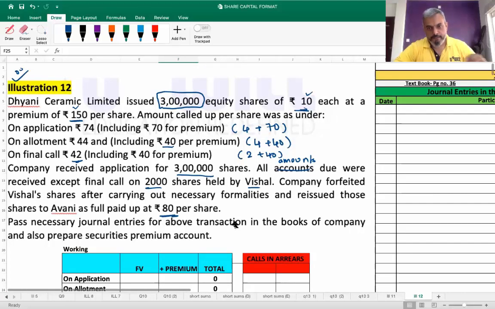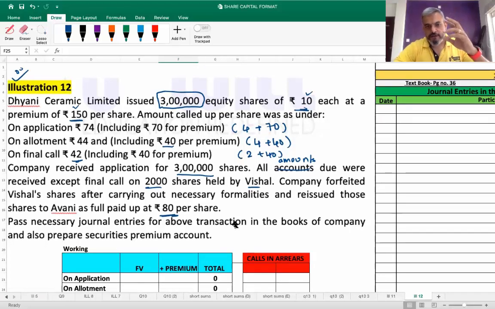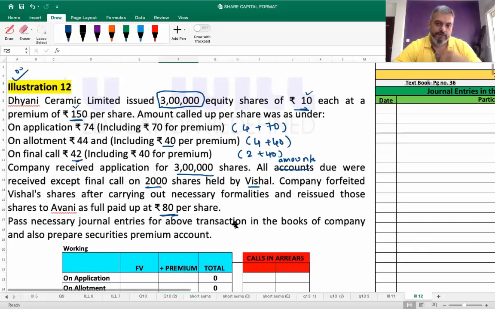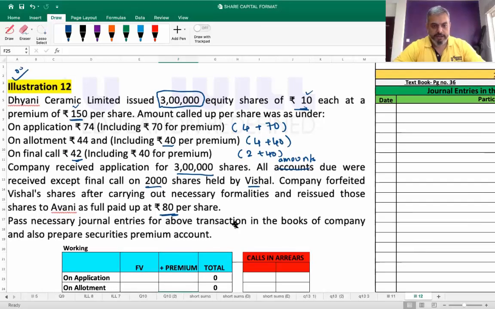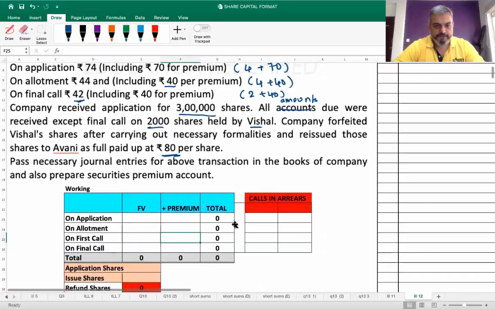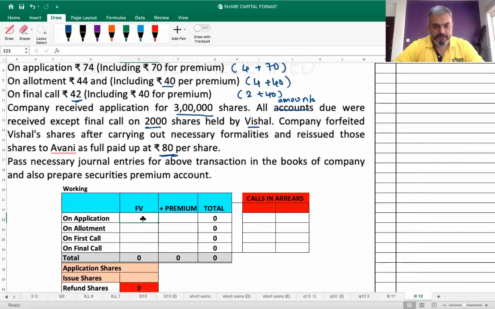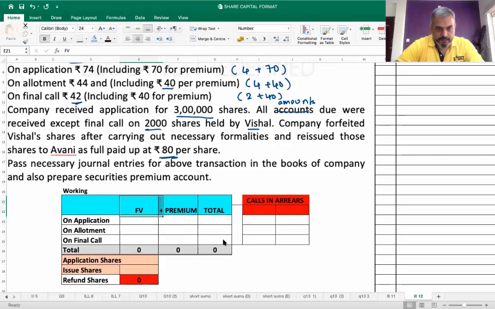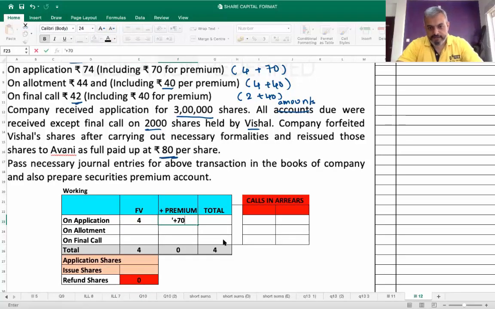Now, this is an important sum because there is premium also received for some portion of the share and premium not received for some portion of the share. Okay. So let's do the working first. On application 4 plus 70, so total comes to 74.